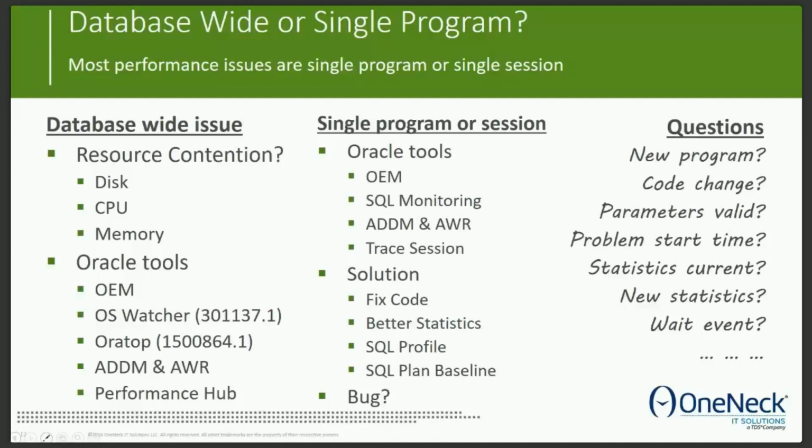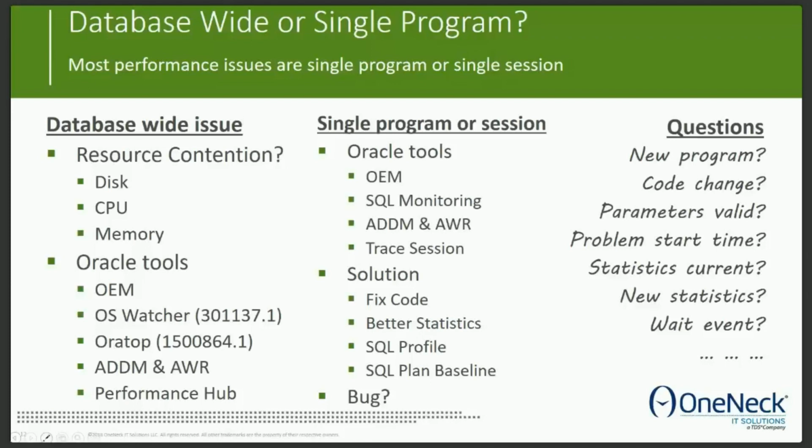Yesterday we had a different maintenance, and we just bounced the database, so that parameter took effect, and now we have a performance problem. So the problem start time and when the database restarted could give you a clue on where to look for the problem, if it is a database-wide problem.